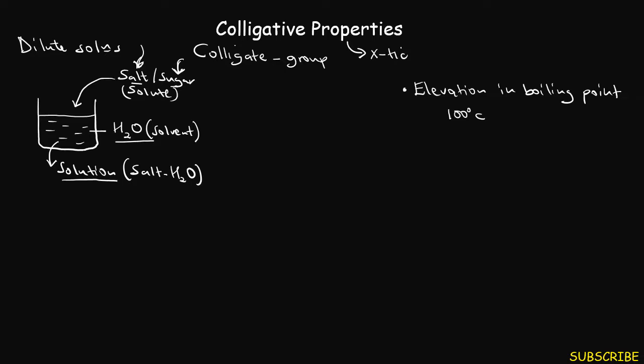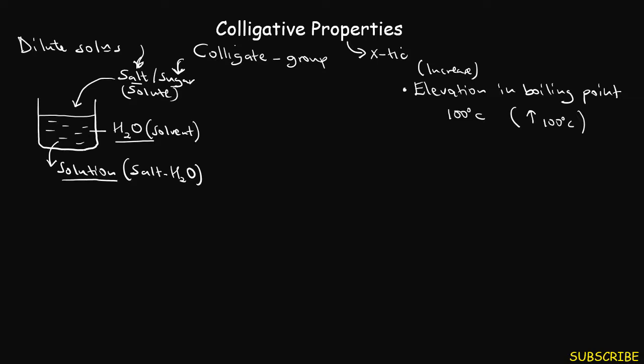However, when we add some salt to this water and then try to boil it, we shall see that the temperature at which it will boil will be higher than 100, maybe 103 degrees Celsius. So addition of salt or sugar into our water will elevate, that is to say increase, the boiling point of our water.